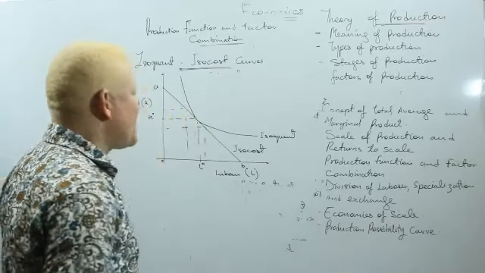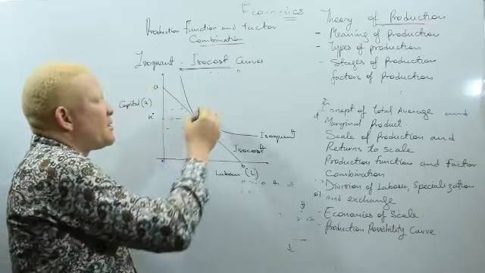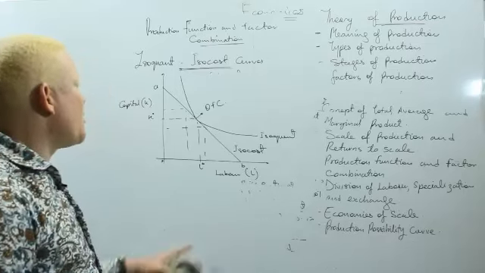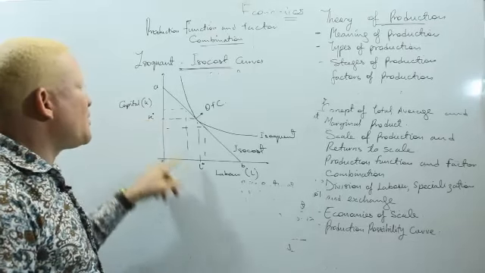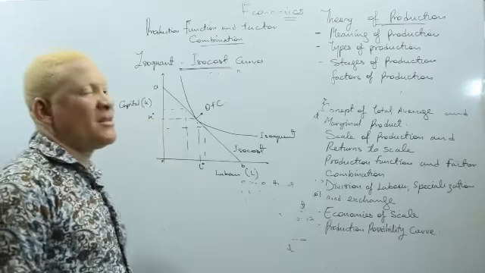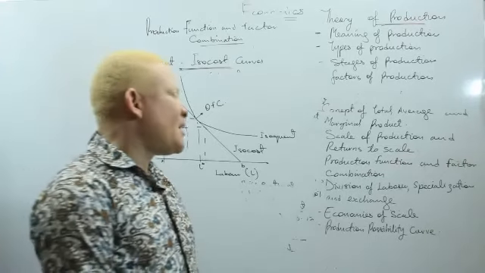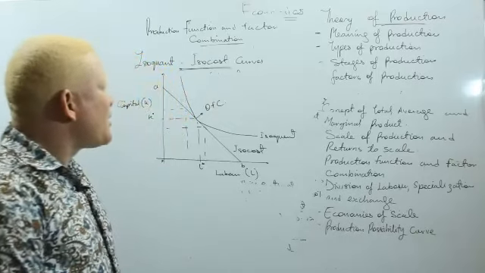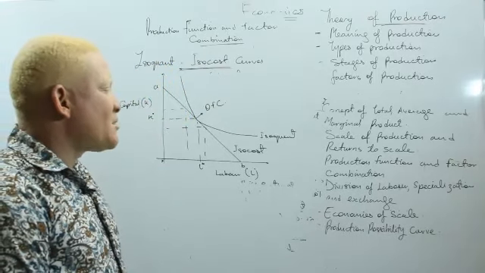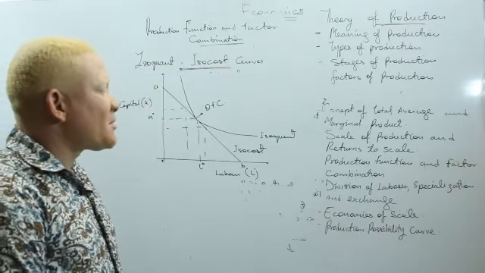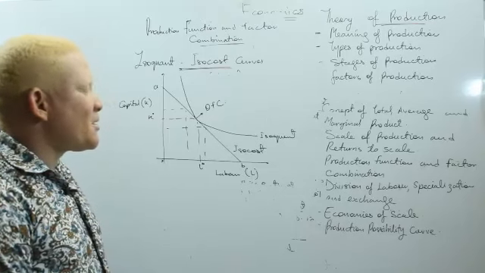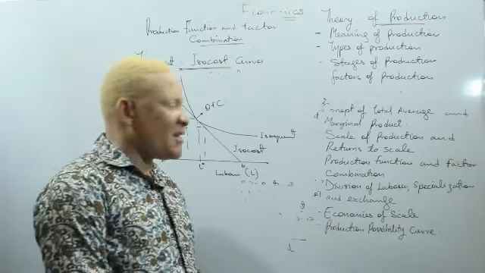Now, this is the point of what? The optimum factor combination point. That means when he combines this quantity of labor and capital, he actually meets his production target and achieves efficiency. That is what you talk of when you are talking about the factor combination, how the producer arrives at that.